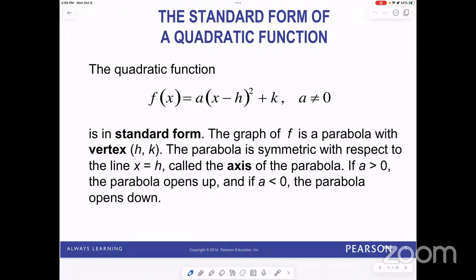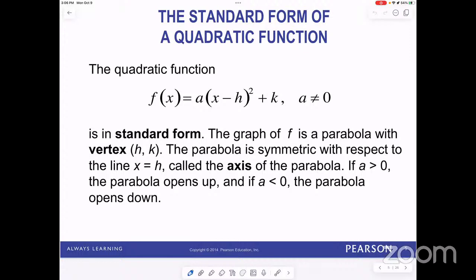Similar to lines, when we have a line given to us in slope-intercept form, y equals mx plus b, I feel like that's the easiest way to graph a line because you get so much information from the equation. For quadratics, it's a similar thing with the standard form. This gives us information about the coordinates of the vertex.